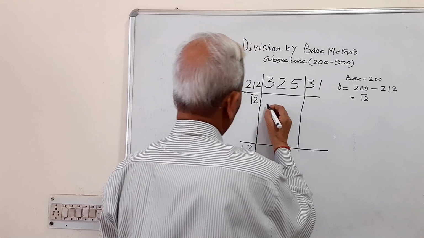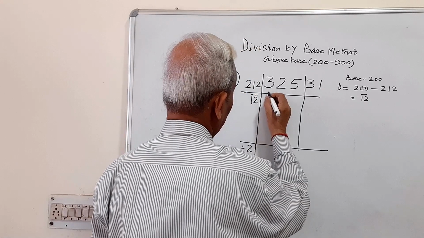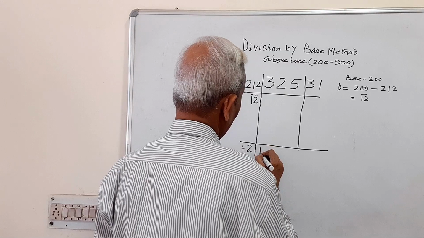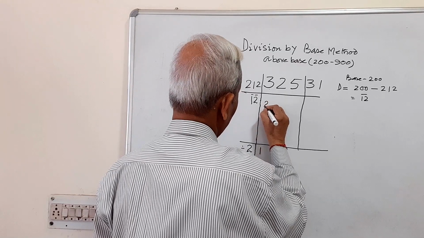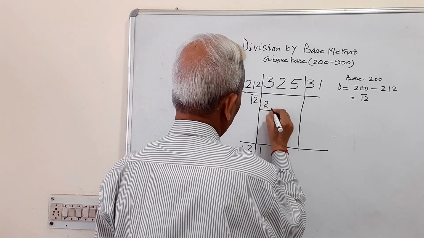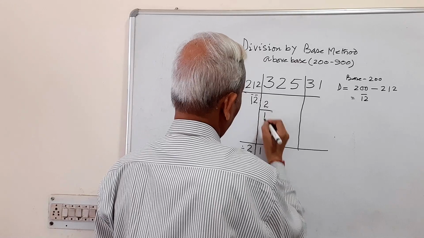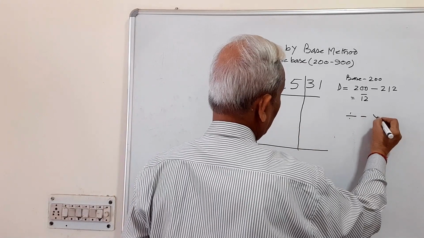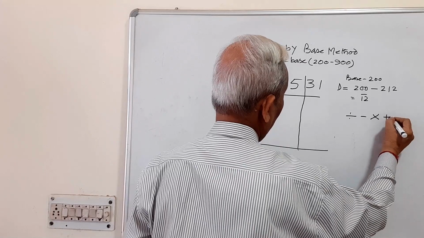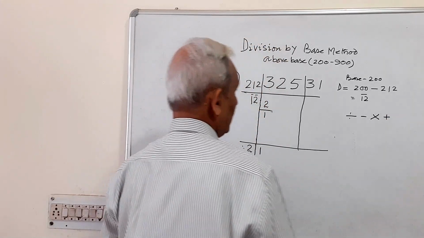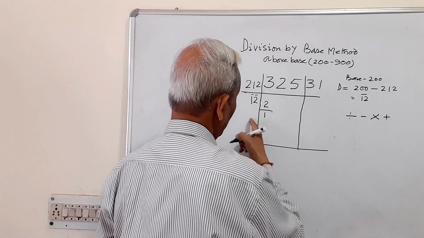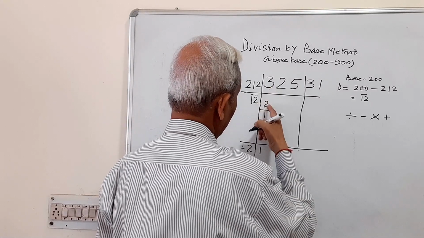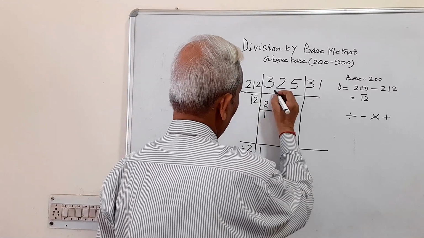First divide this 3 by this 2. So we put down 1 here, it goes one time, and then it becomes 3 minus 2 is 1. Here the principle is divide and minus, multiply and add. We have divided by 2, we have got 1 here, and reduced it, 1. Now this 1 will put here.